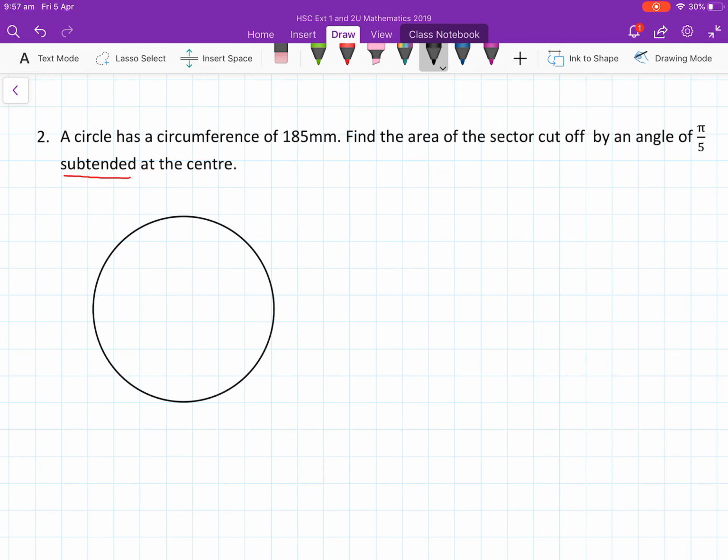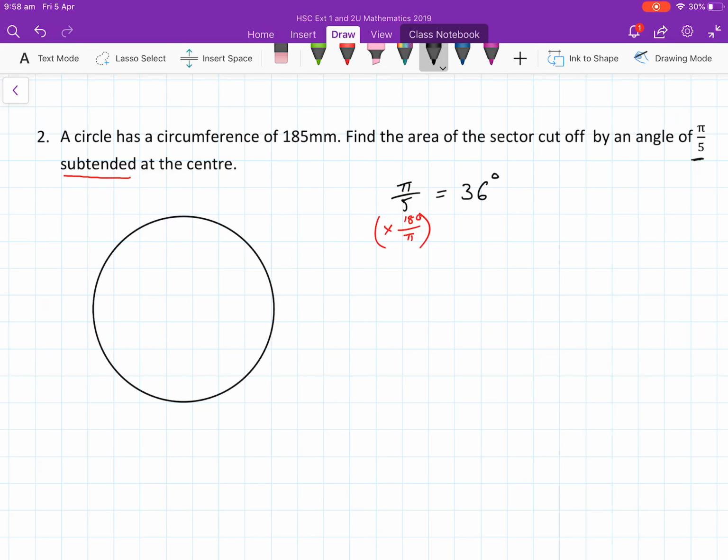Now, I'm just going to look at this angle over here. Pi on 5 is equal to, well, what do we multiply by? We multiply by 180 on pi. What's 180 divided by 5? It's going to be 36 degrees. That's exact, 36 degrees, which is helpful.